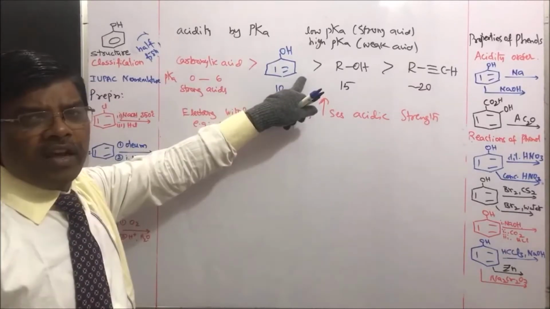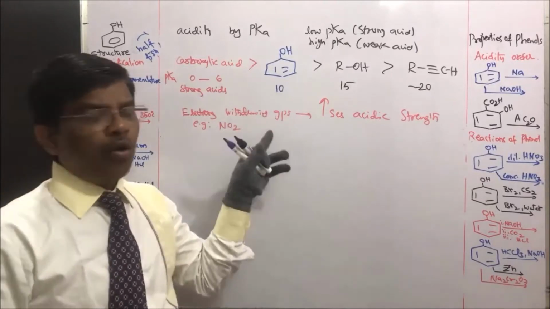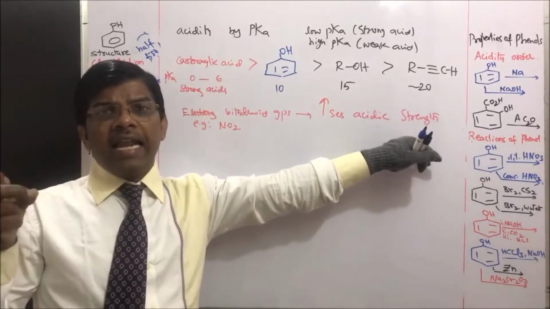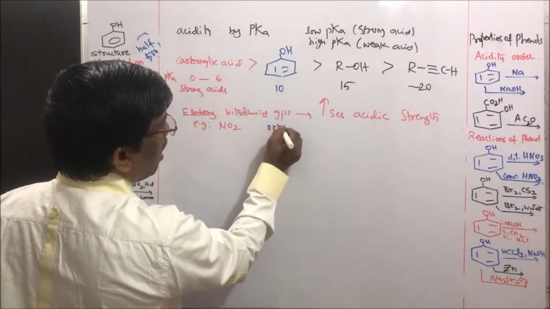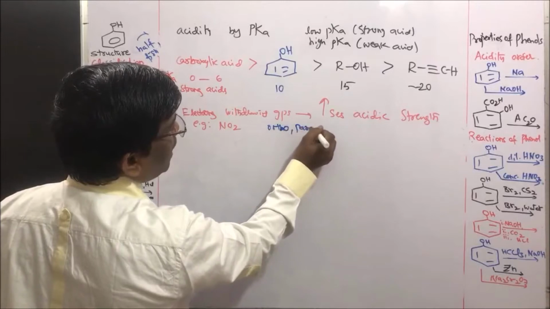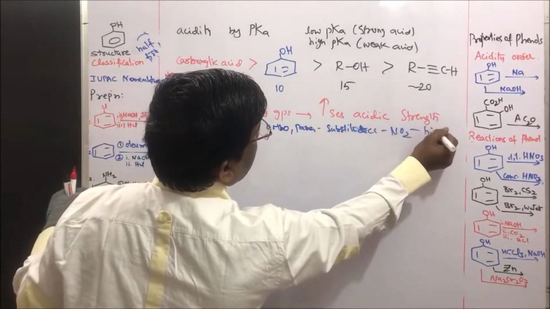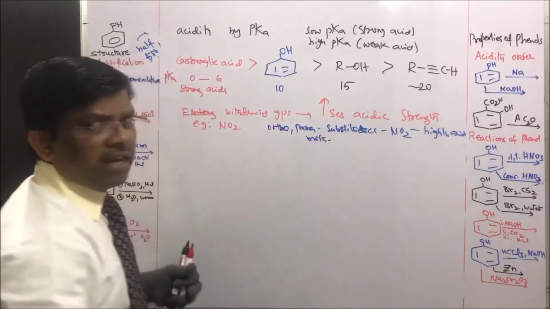If the phenol is substituted with the nitro group, it is going to have a low pKa value, or at the same time it is going to have a highly acidic nature, and that too ortho and para substituted nitro compounds are going to be highly acidic, whereas meta is not going to have that much effect.